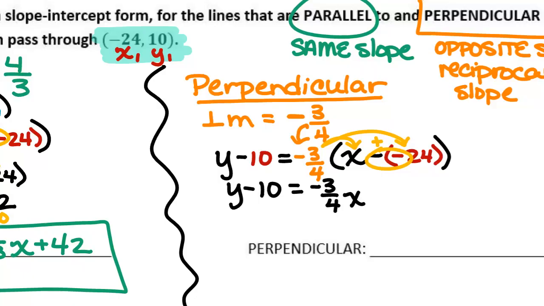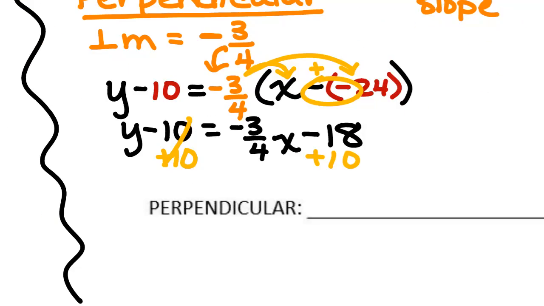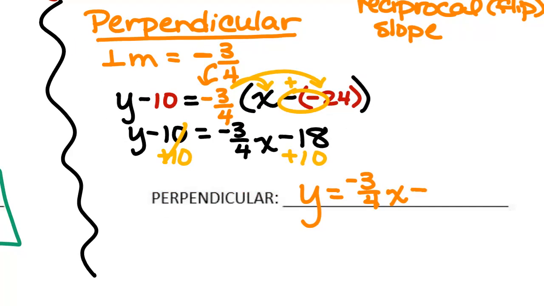So this is going to be a minus here. What is 3 over 4 times 24? 18. So I have a minus 18. We add 10 to both sides. And my final answer for perpendicular, y equals negative 3 over 4x minus 8.